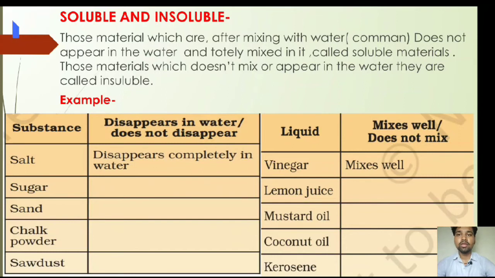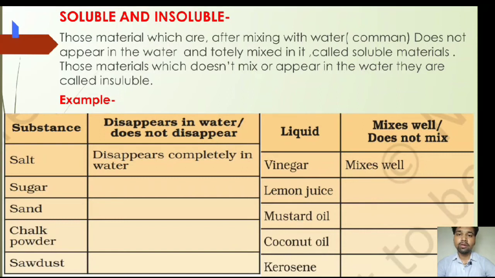Here in the second chart there are given some liquids, and in the second column we have to decide whether these liquids are soluble in the water or not. For example, if we take vinegar, we see that the vinegar is totally soluble in the water. Friends, the second one is lemon juice.